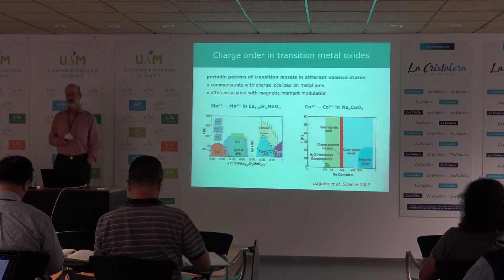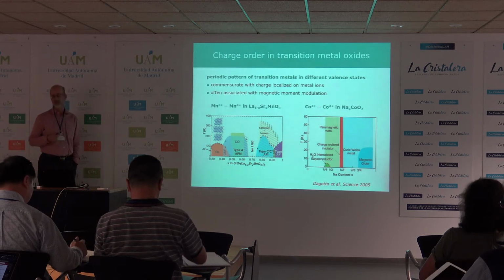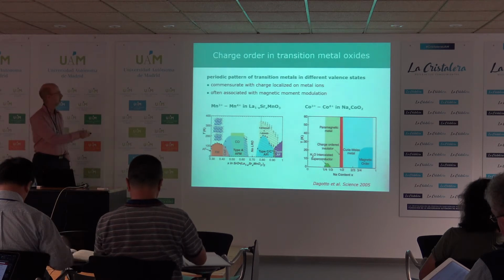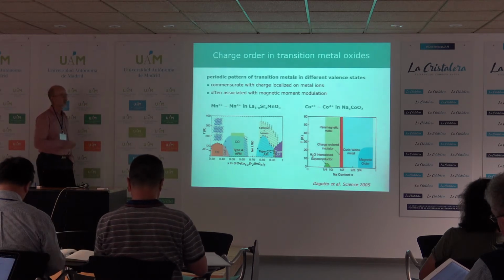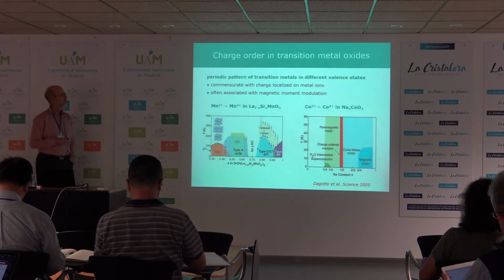And often, not always, these kinds of charge-ordered states are also associated with magnetism. So the magnetism is then also modulated, because the magnetic moment differs on the 3+ and 4+ sites.